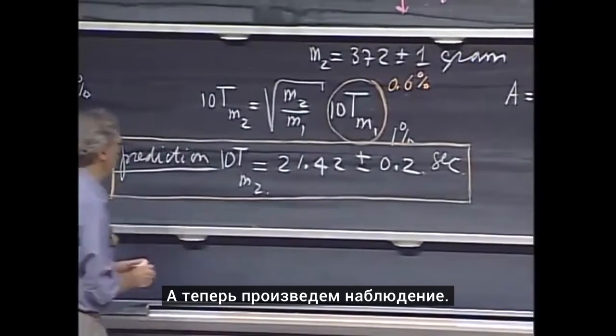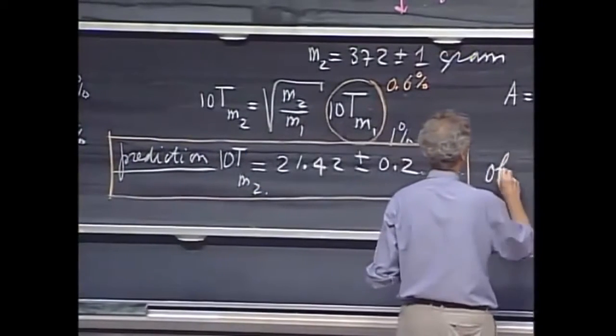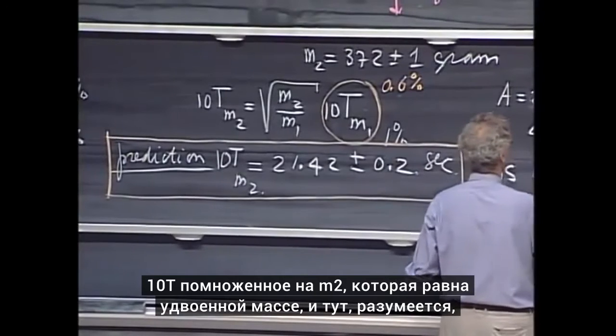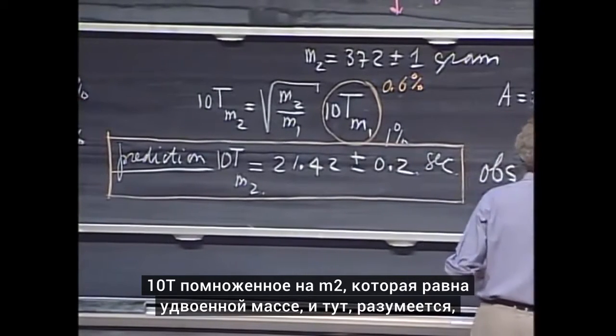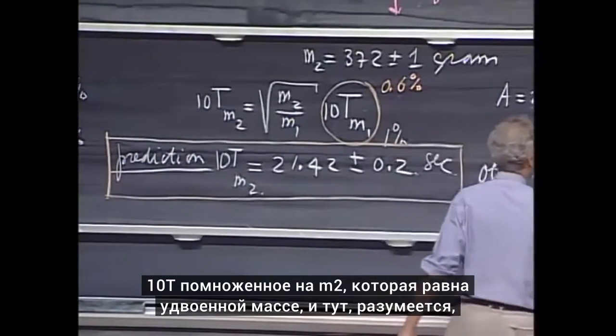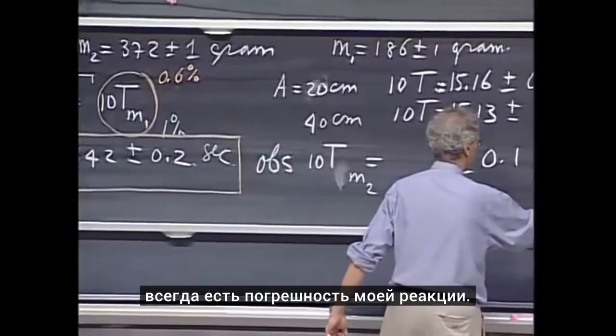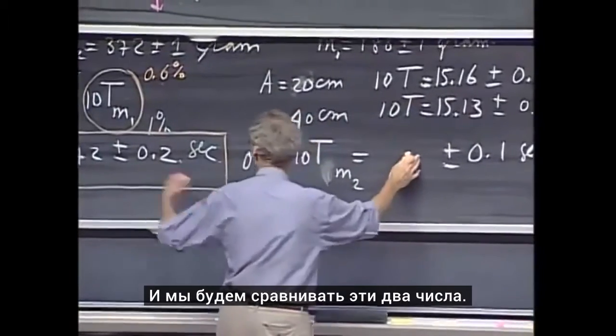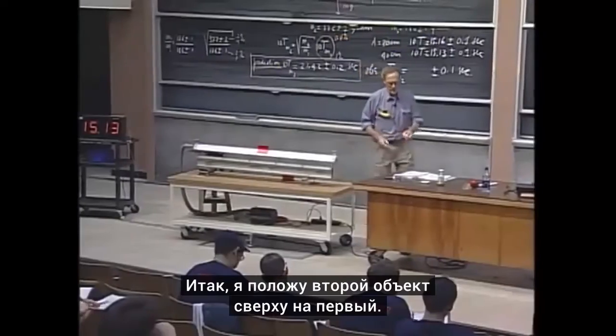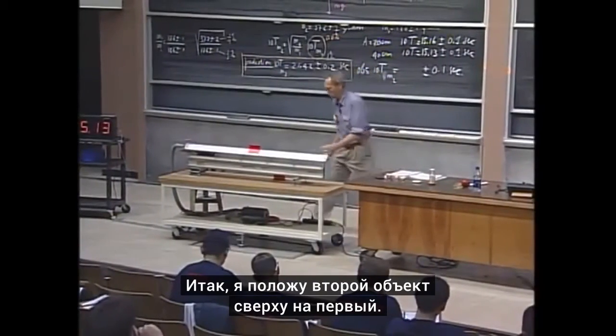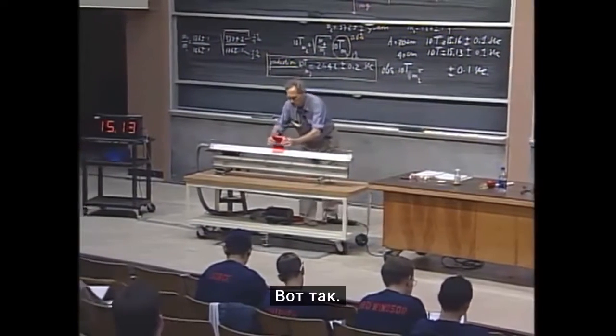And now we're going to get the observation of 10T times M2, which is double the mass. And that, of course, always has my uncertainty of my reaction time. There's nothing I can do about that. And we will compare these two numbers. So I will put the other mass on top of it. It comes here.